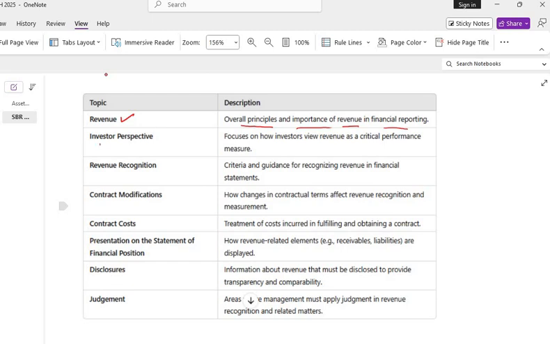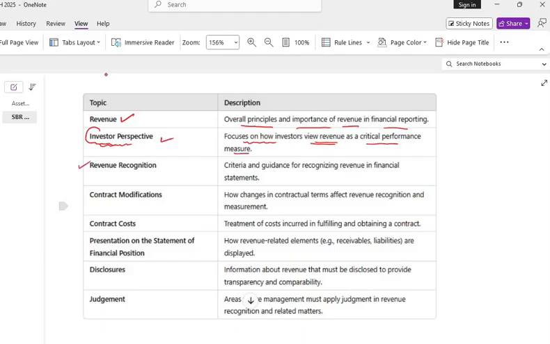Then we will discuss the investor perspective, which is very important. We are reporting to the investor, so we have to consider the investor perspective, focusing on how investors view revenue as a critical performance measure.